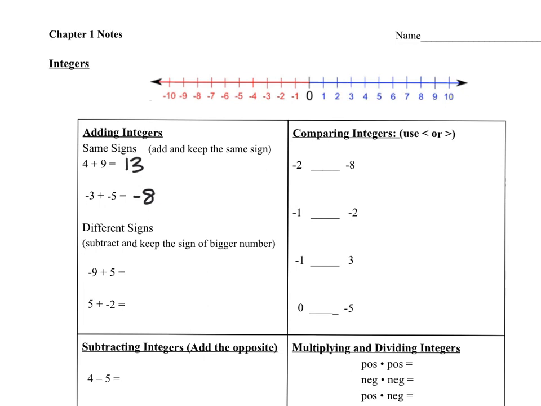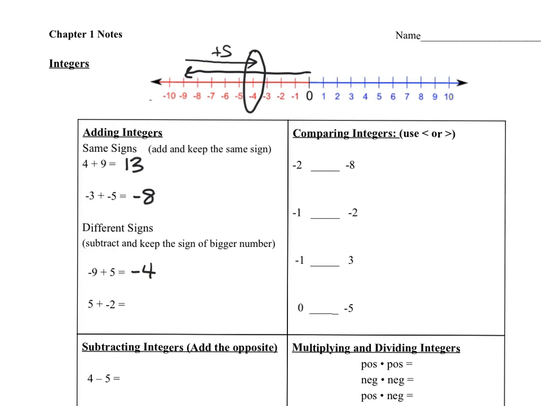When you have different signs, things can get a little more confusing. Like in this case, negative 9 plus 5 in our next example. Negative 9 on the number line, if you look up above, means I'm going to go 9 to the left. And then adding 5 to that would be like starting there and going 5 to the right. Notice I end up at negative 4.